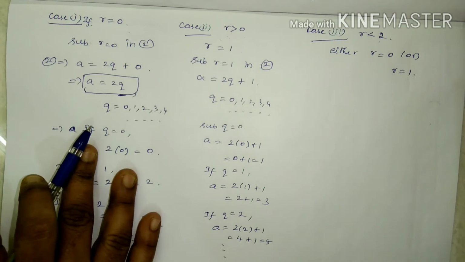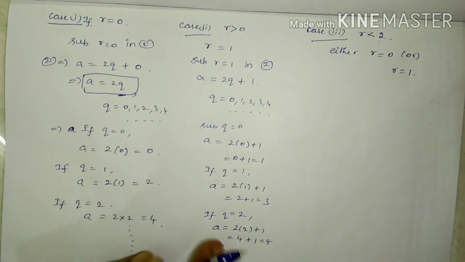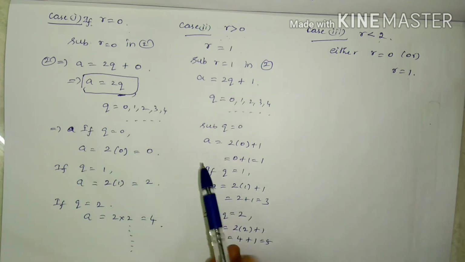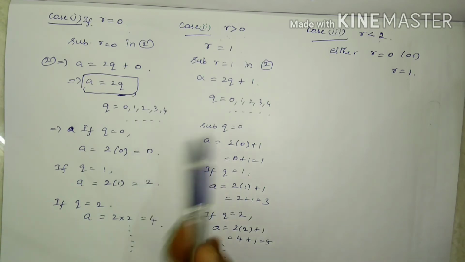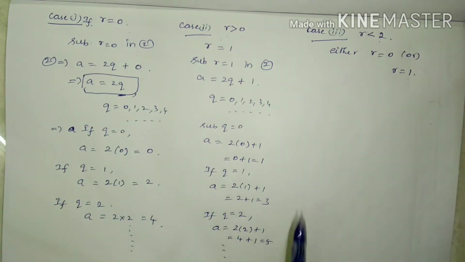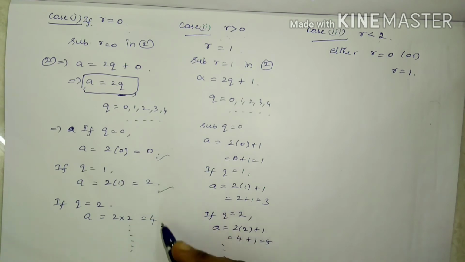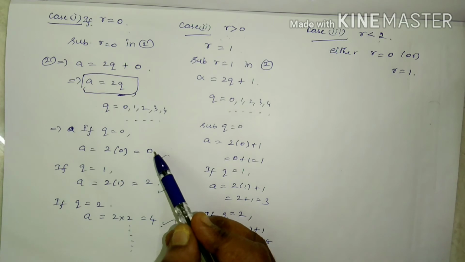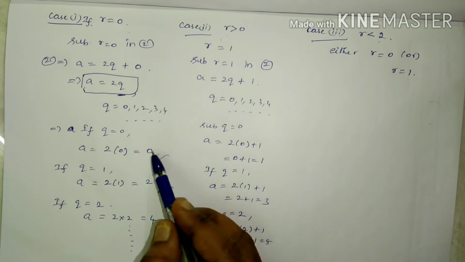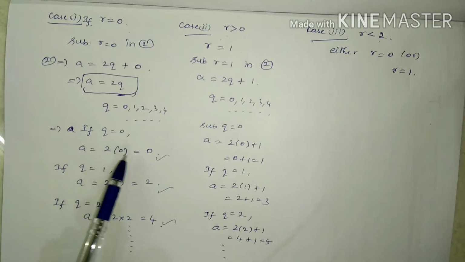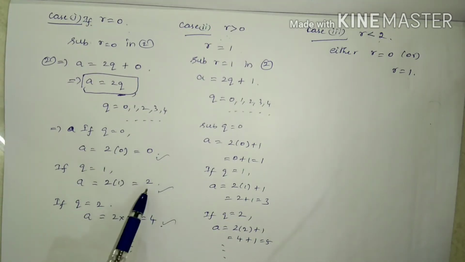So by comparing case 1 and case 2, we can compare the values of a in both cases. Here the values of a are 0, 2, 4, 6, 8 and it goes on.